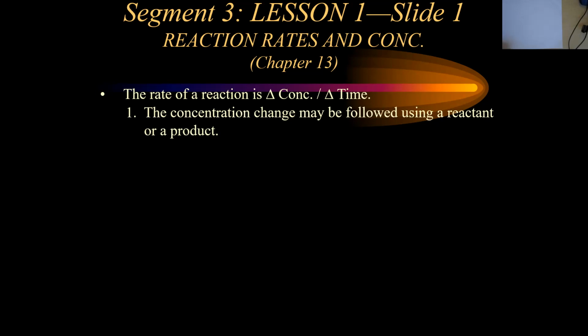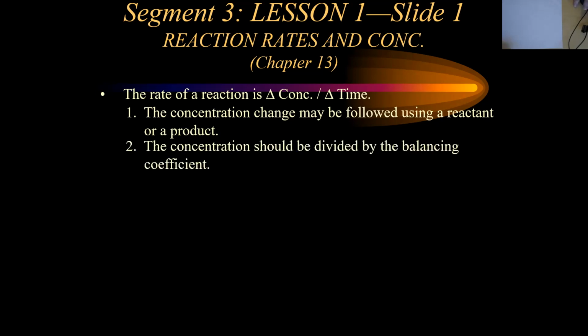And so the reaction we wrote on our paper may not be the actual direction the reaction takes place. So we can follow the reaction using either what we've called a reactant or a product. Because of the stoichiometry, they are related to each other.